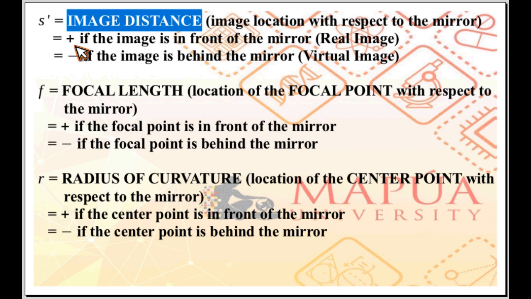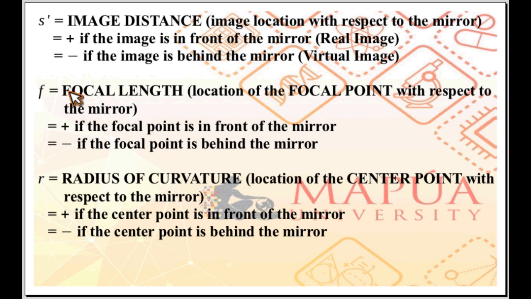S prime is positive if the image is in front of the mirror. And since the image is on the same side as the intersecting reflected light, the image formed is a real image. On the other hand, S prime is negative if the image is behind the mirror and the image is a virtual image.